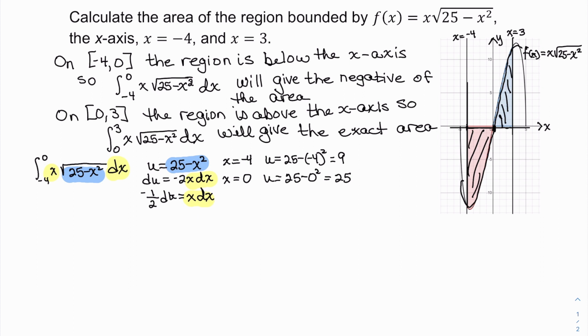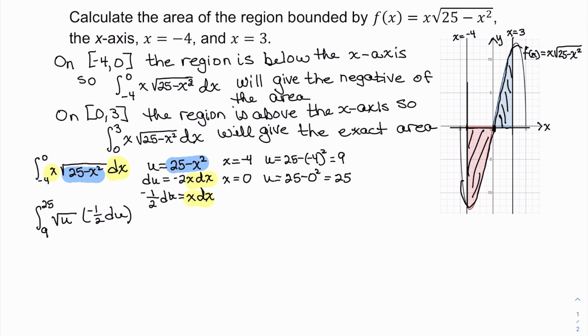So this gives us the integral from replacing the -4 x value with the 9 u value to replacing the 0 x value with a 25 for my u. Then I have the square root of 25 minus x squared's replacement is u, and then the x dx replacement is a -1/2 du.